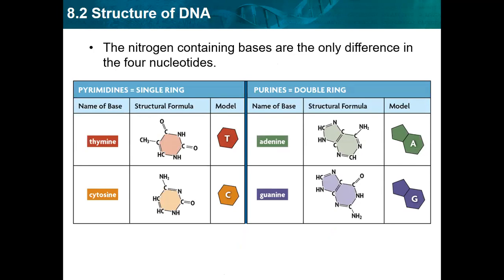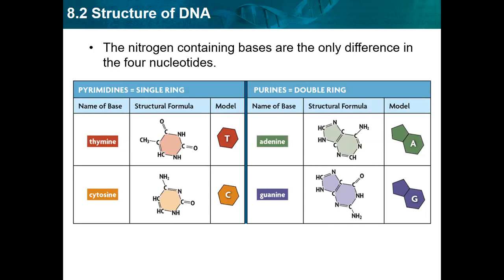What does this mean? Some of these nucleotide bases have a double ring, while some have a single ring. As you can see, thymine and cytosine are made up of a single ring, and the purines, adenine and guanine, are made up of a double ring.